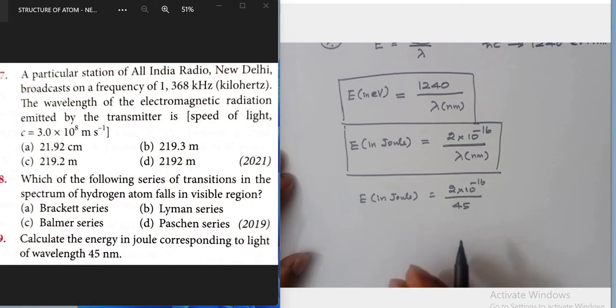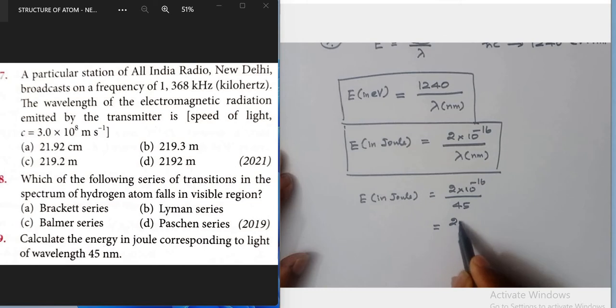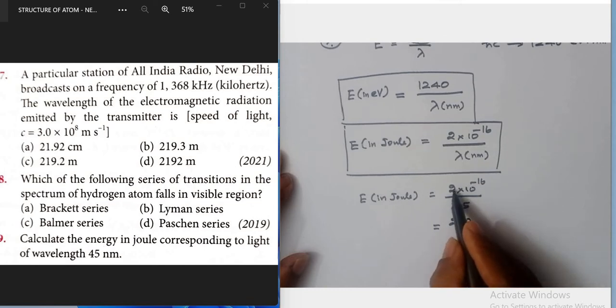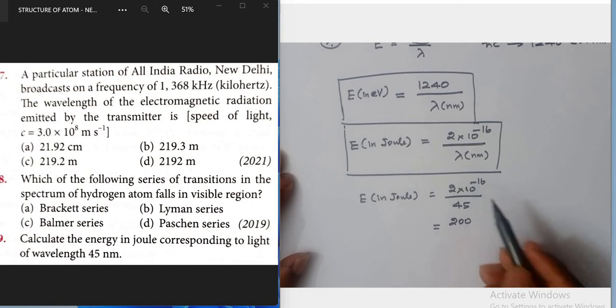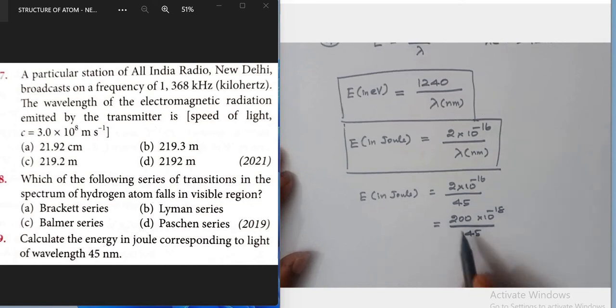So it is simply 2 by 45. Just make this 200: I multiply 2 by 100 and divide by 100, so you'll get 10 power minus 18 by 45. Just to cancel, that's all.